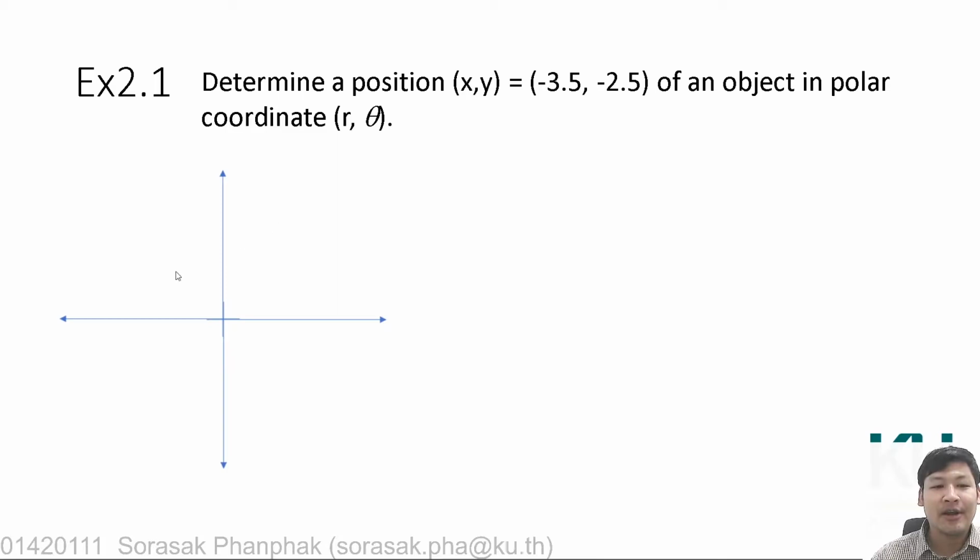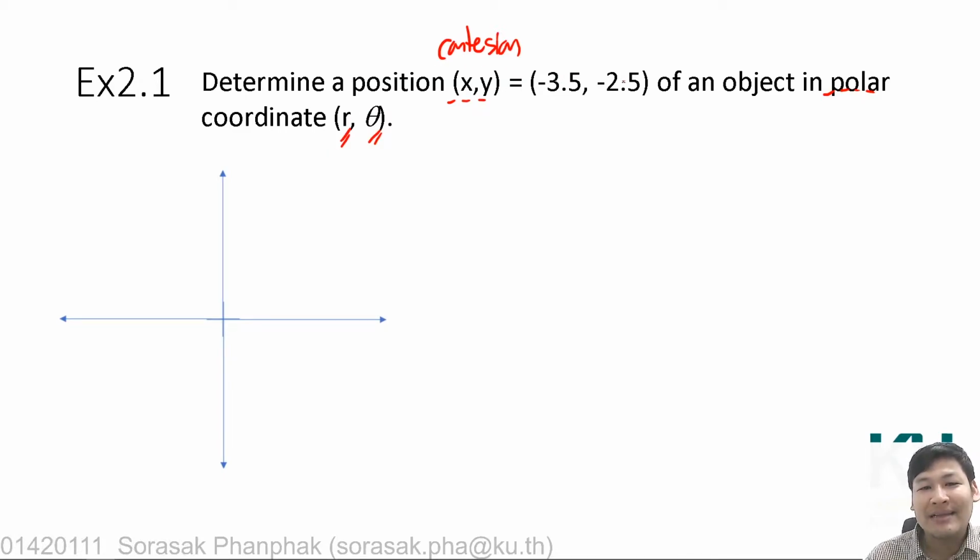We have the coordinate stated like this, xy. We call this the Cartesian system, right? And you would like to determine this in Cartesian and change to another coordinate, which is called the polar coordinate, where you have the components r and theta to represent it.